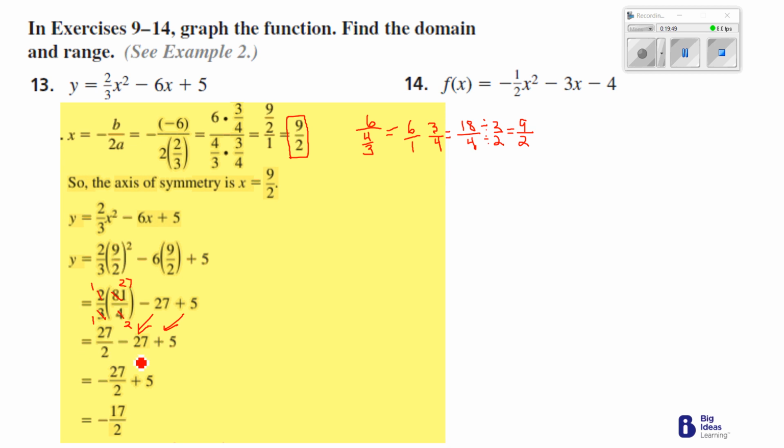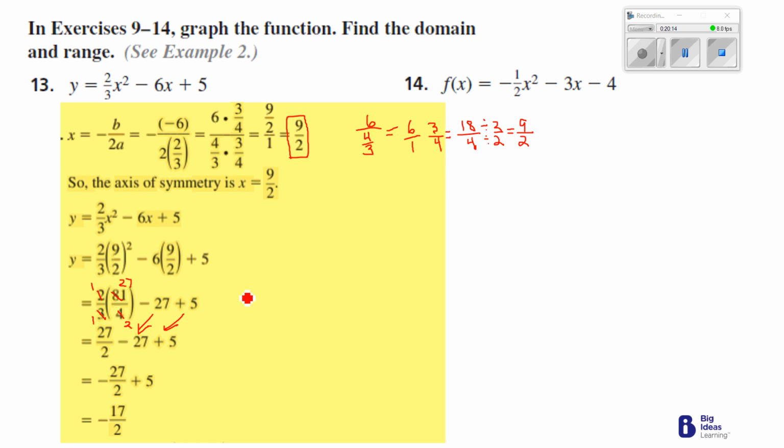Now they got 27 over 2 minus 27 plus 5. We still got to combine all these. Remember, 27 over 2, that's a fraction. So let's just combine these numbers first, right? Actually, what it looks like is they combined these first. So I guess we're going to follow suit. Remember, 27 over 2 is really, let's see here.